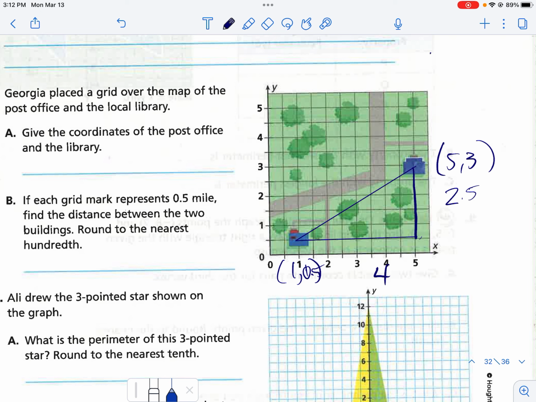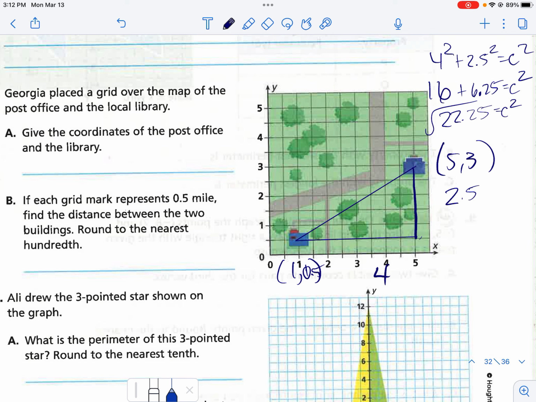Okay, so 4 squared plus 2.5 squared equals c squared, so that's 16. 25 times 25 is 625, but you have a decimal point that you need in there. So that is going to be 22.25 is equal to c squared.